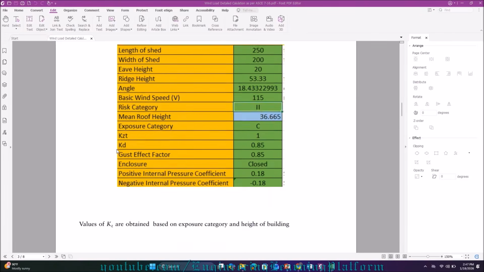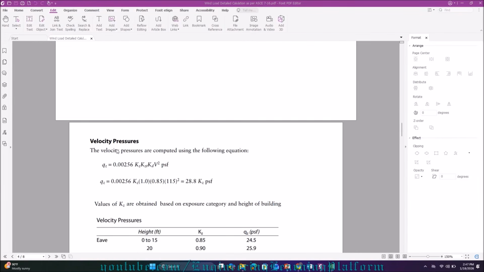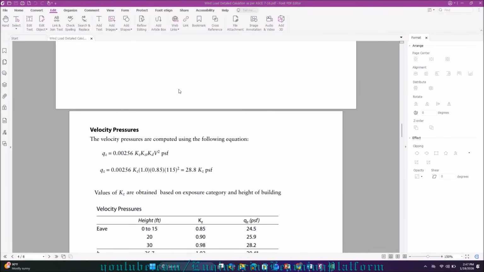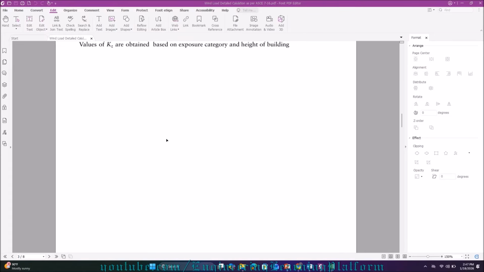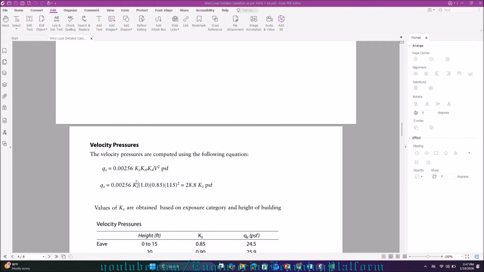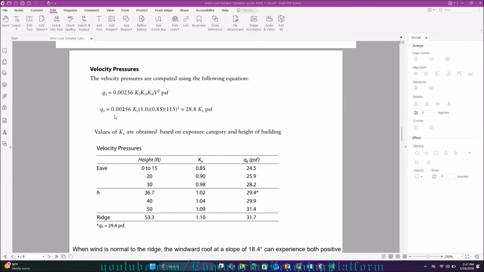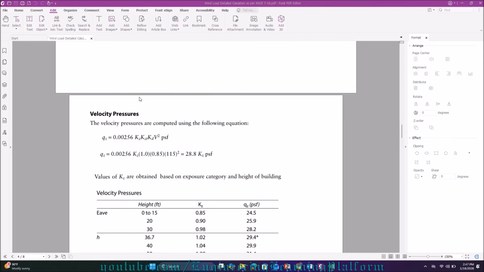And for the value of KZ, whatever is given in this formula, we have already defined here. But we have not defined the KZ factor because this KZ factor depends on the height. So this is the formula for velocity pressure that the code gave us, and for getting this Q value we need KZ. Right now we haven't evaluated its value, we will evaluate it, but KZT we know, KD we know, and speed we know.